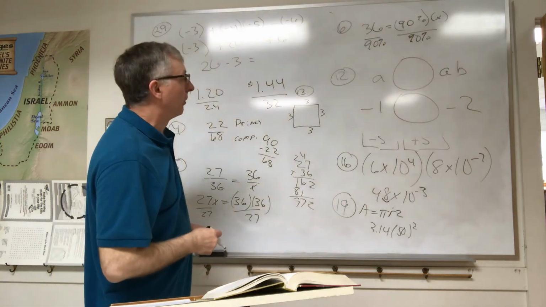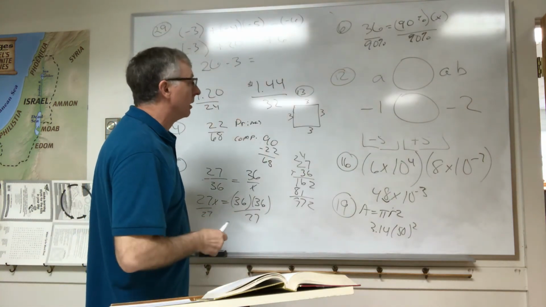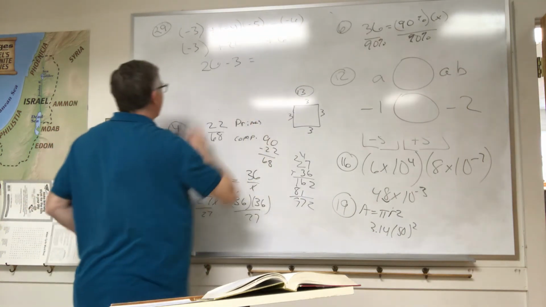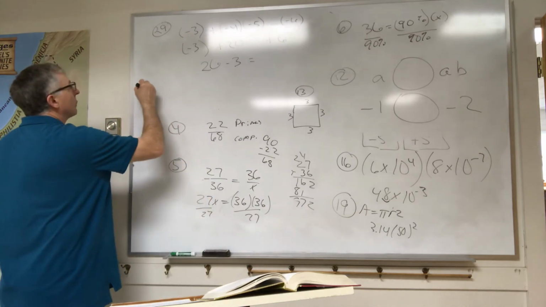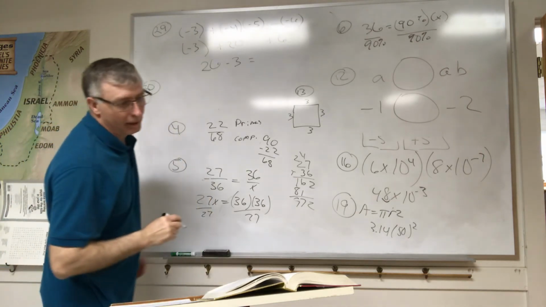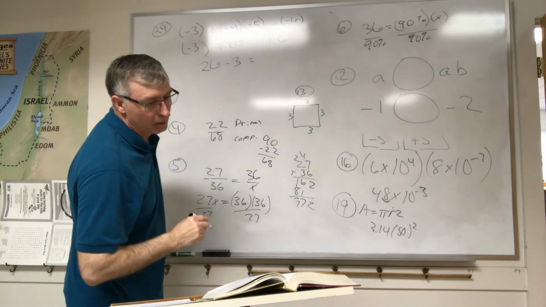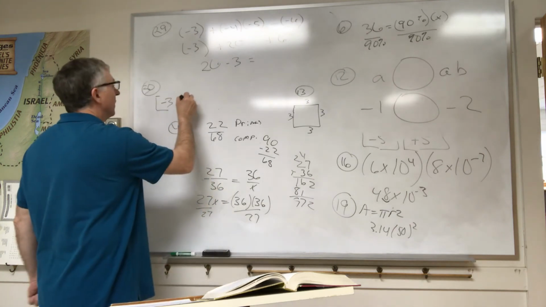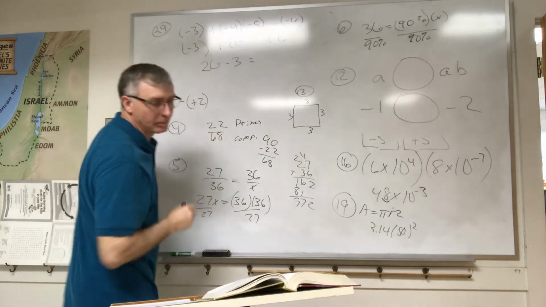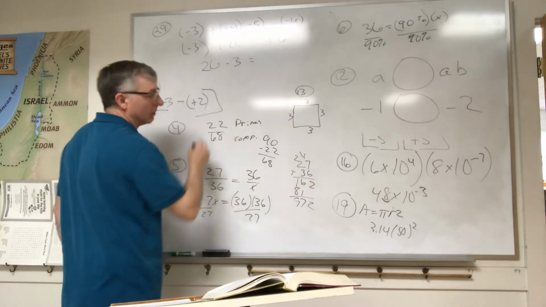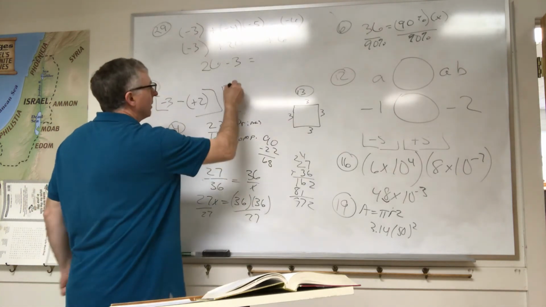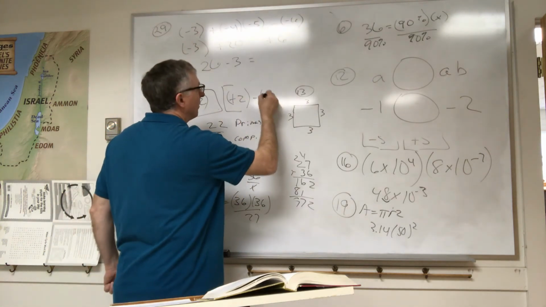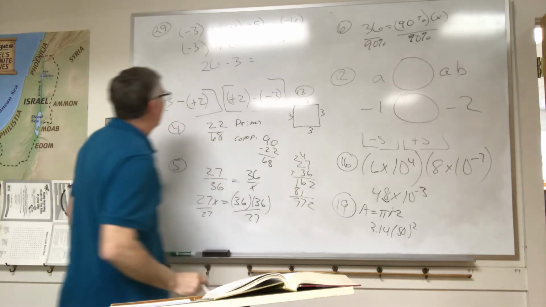And then number 30. Number 30, I guess let's do that in here. So I have -3 minus +2. Okay.